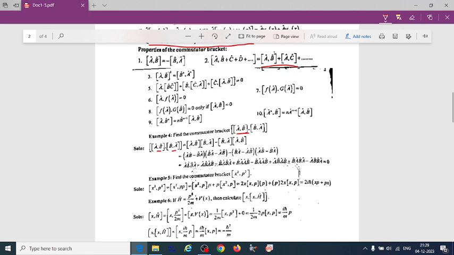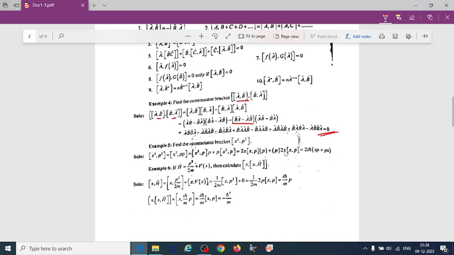Then a comma b is ab minus ba, b comma a is ba minus ab. Like that you have to write for the second term. After writing the commutation relations, just multiply these two brackets. Then what will you get? All the terms will get cancelled here. So the final answer you will get here is 0. So this is the answer for this equation.